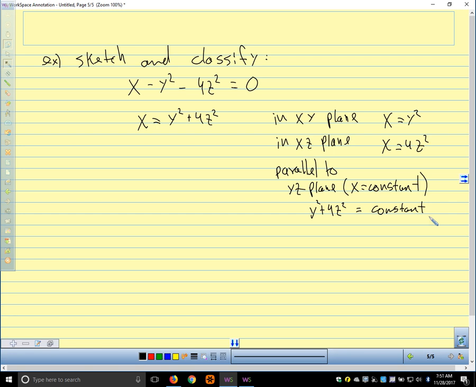We would divide everything by the constant, and we'd have y squared over something plus z squared over something else equals 1. This is an ellipse. So on any plane parallel to the yz plane, we get ellipses. And the ellipses are going to be larger or smaller depending on what our x value is. So let's make a sketch of this thing.